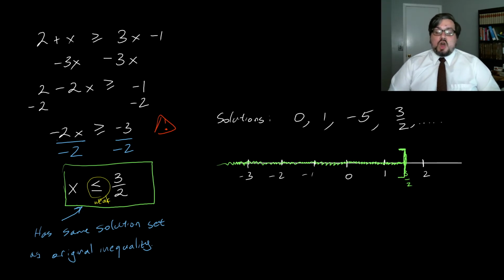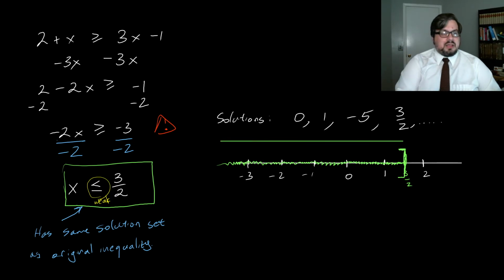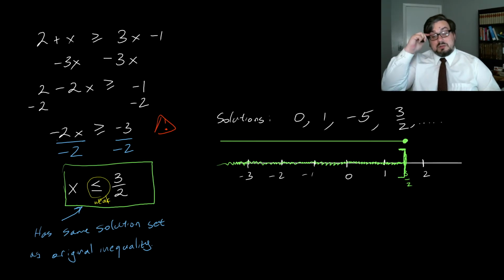Now, another common way that people write this down visually would be to, again, use the shading here, or perhaps a line. And then when we get to 3/2, we'll use a solid dot.